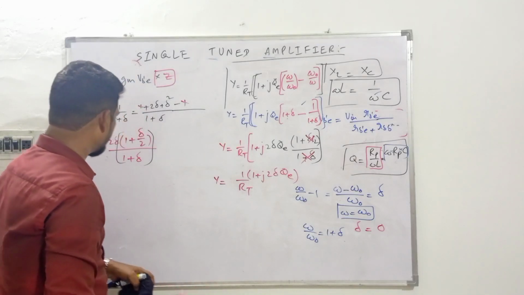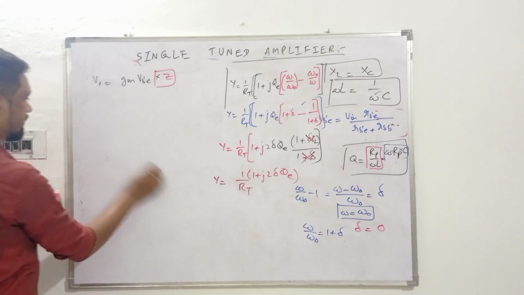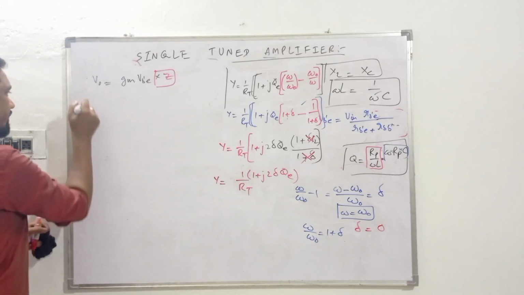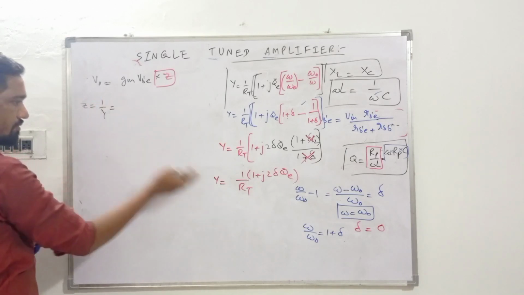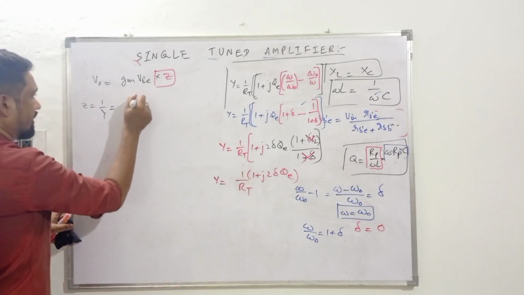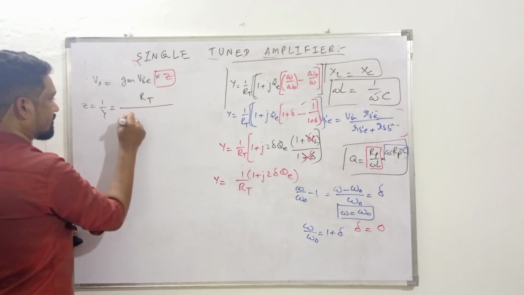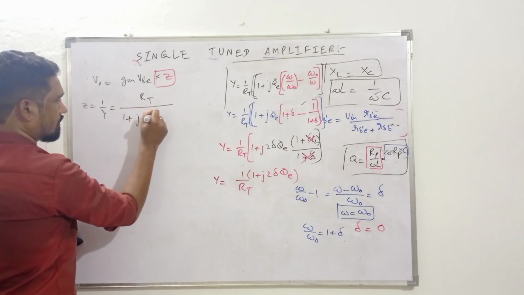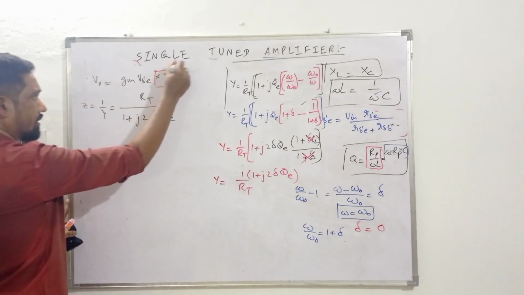Okay, and so here what are we in search of? We are in search of that Z, which is equal to 1 by Y, which is equal to the reciprocal of this one. So what we have is RT upon 1 plus j 2 times del Q effective. This is the Z over here.